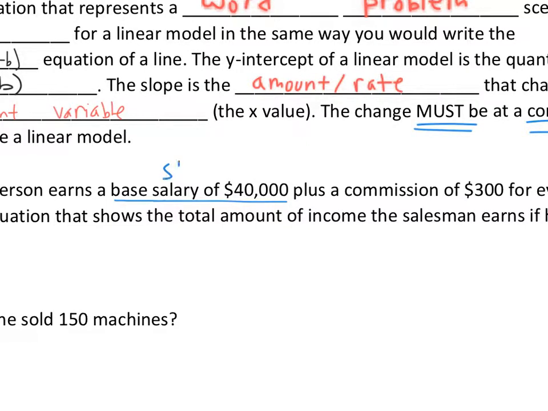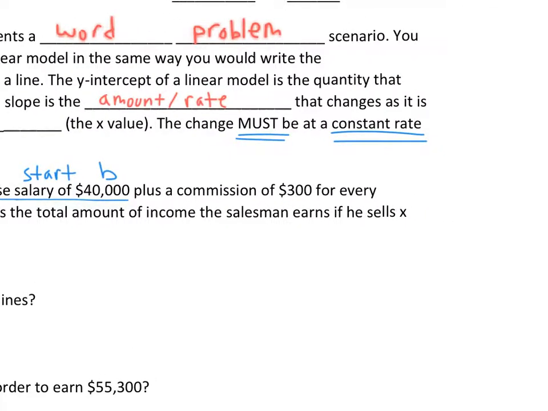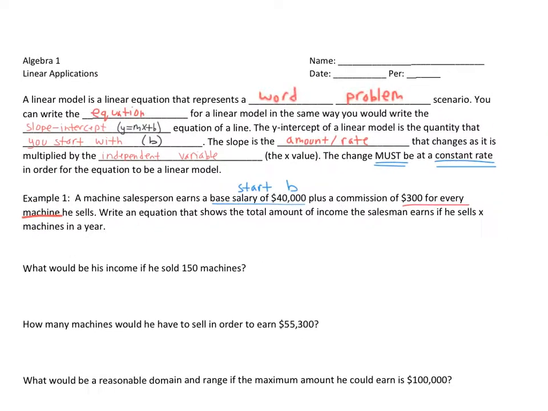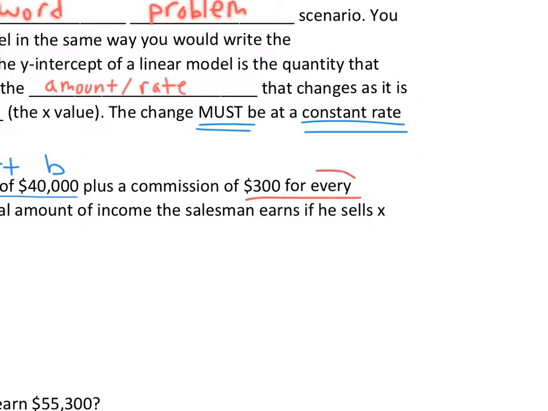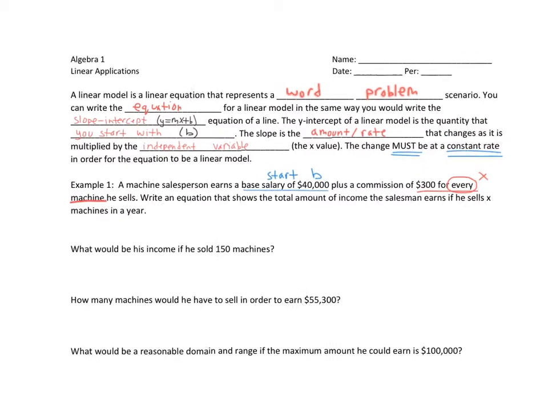So this is the starting amount, or in other words, your b. Plus a commission of $300 for every machine he sells. The word every, or each, or per, indicates your x variable. So that 300 will be your slope, or your m.